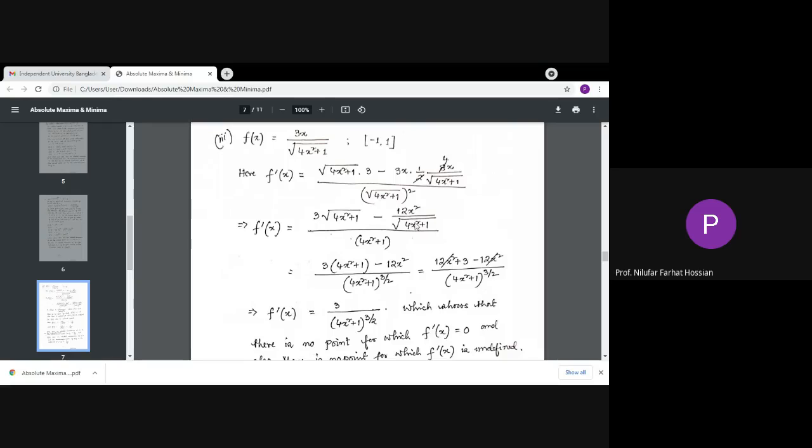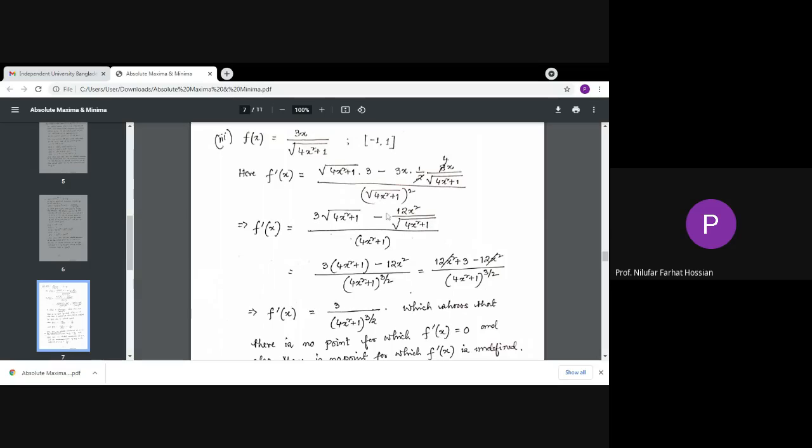Now you take the LCM in the upper part. The LCM is root over 4x square plus 1. So when you do the algebra, it will be 3 into this into this. So the square root goes out. So 3 into 4x square plus 1 minus 12x square. And you have to take it to the lower side. So ultimately power 1 and power half, the power will be 3 by 2.